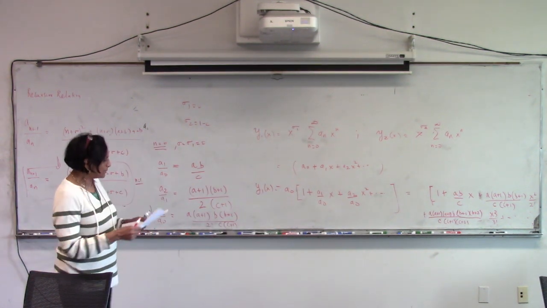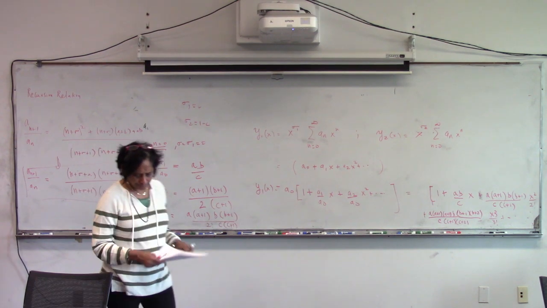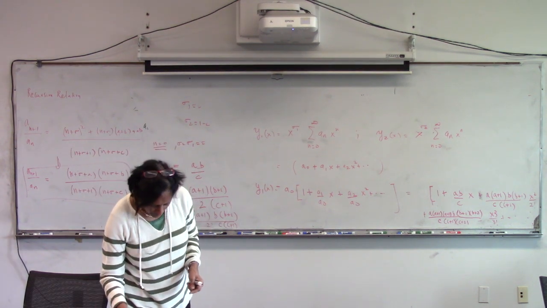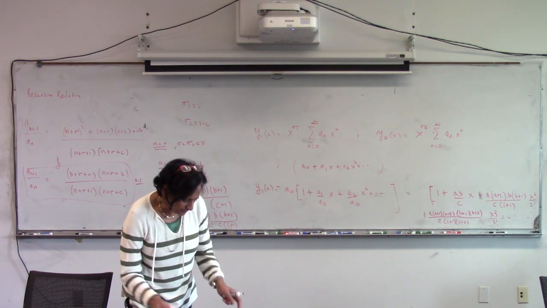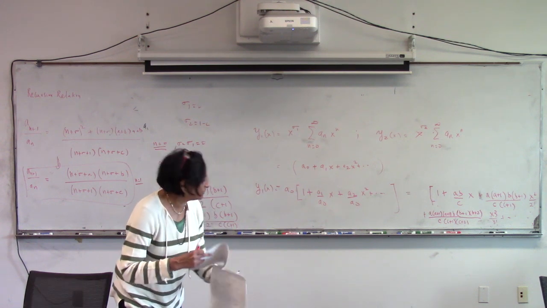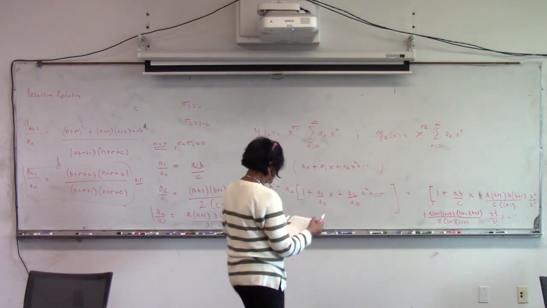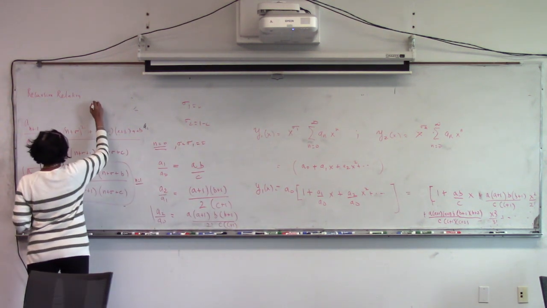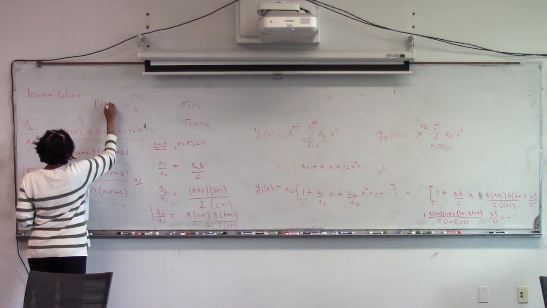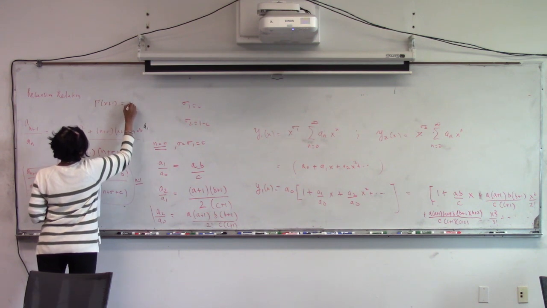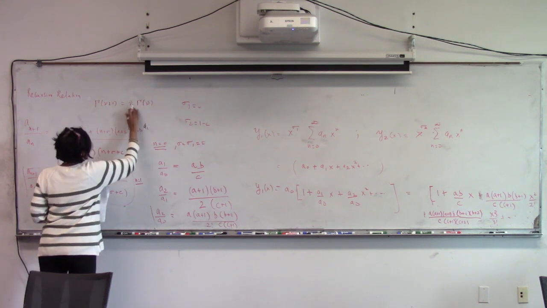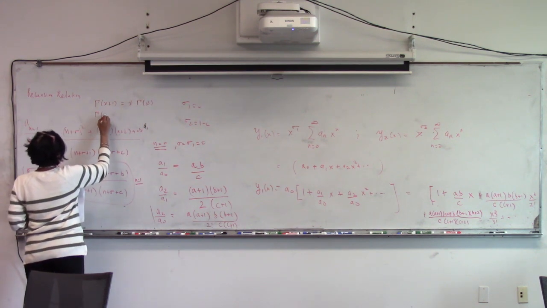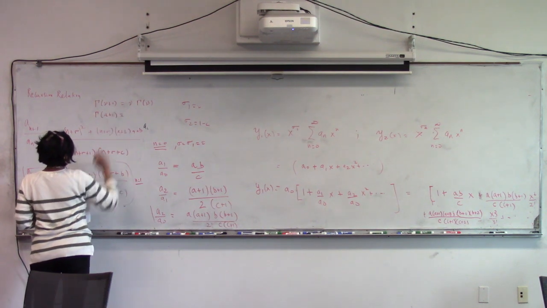What is gamma of a plus 1? Gamma of nu plus 1 was what? Nu times gamma of nu. So let us say gamma of a plus 1 would be what?